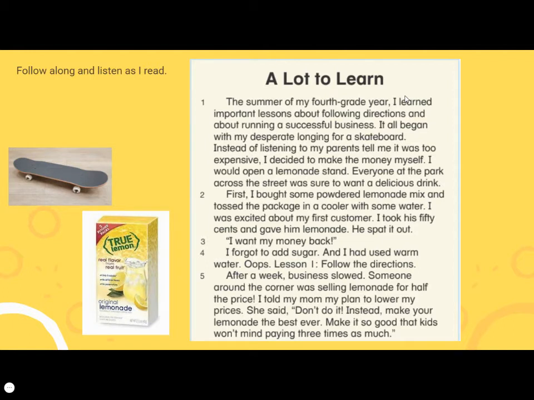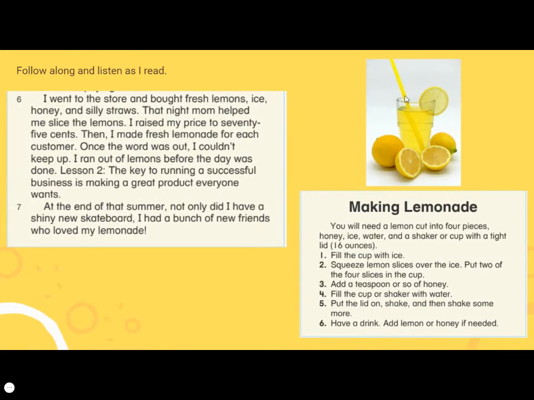After a week, business slowed. Someone around the corner was selling lemonade for half the price. I told my mom my plan to lower my prices. She said, "Don't do it. Instead, make your lemonade the best ever. Make it so good that kids won't mind paying 3 times as much." I went to the store and bought fresh lemons, ice, honey, and silly straws. That night, Mom helped me slice the lemons.